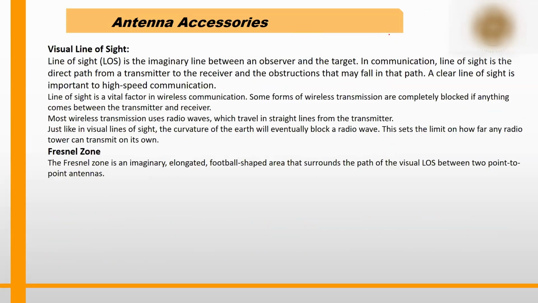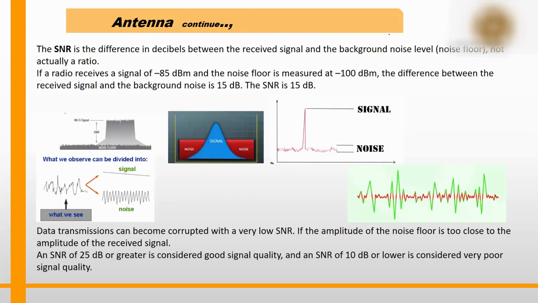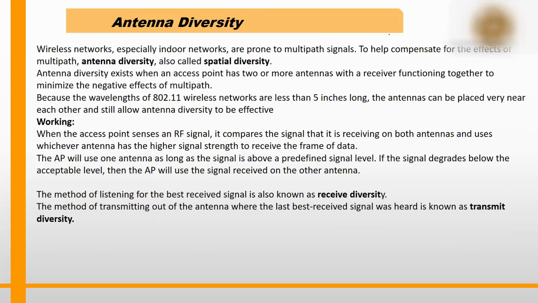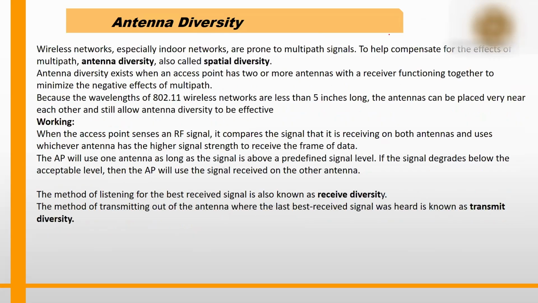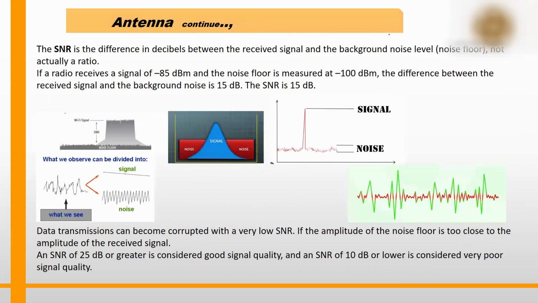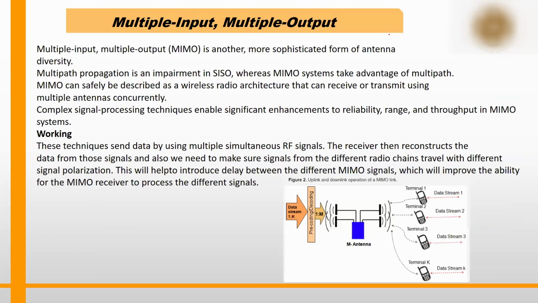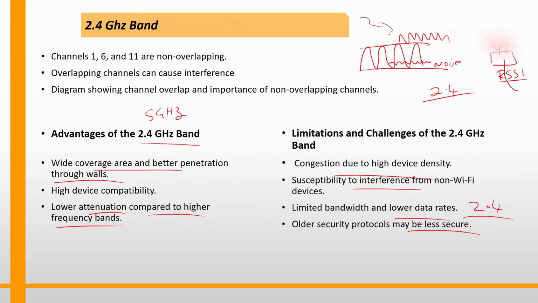Then we have visual line of sight and the Fresnel zone. We will check this out in the next session, and also SNR, which is a very important concept. What is SNR? What is visual line of sight? And also MIMO, multiple input and multiple output.